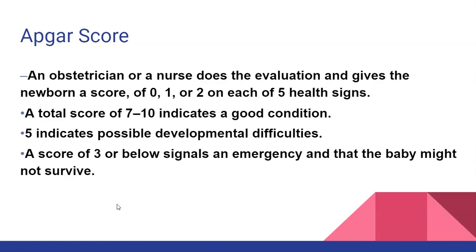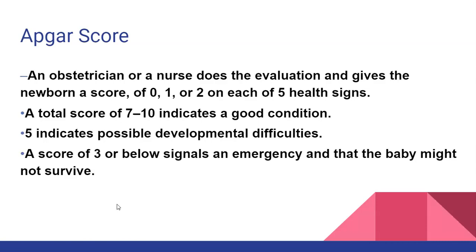Adding all of those scores up, the highest number you can get is a 10, and a 0 is obviously the lowest. So let's talk about the different categories and what those numbers mean.